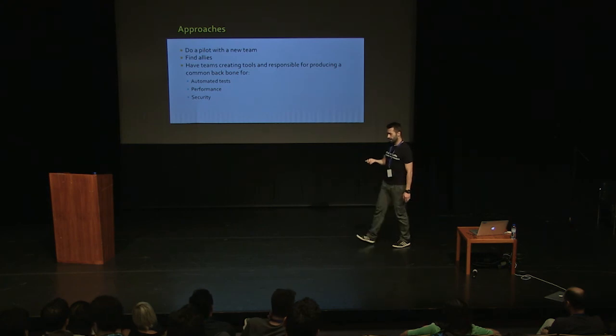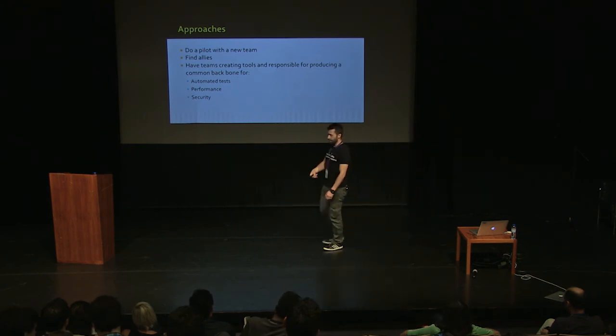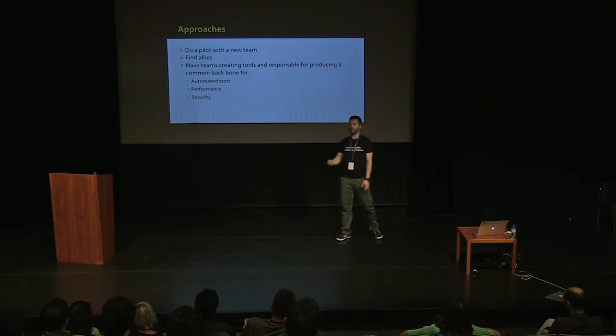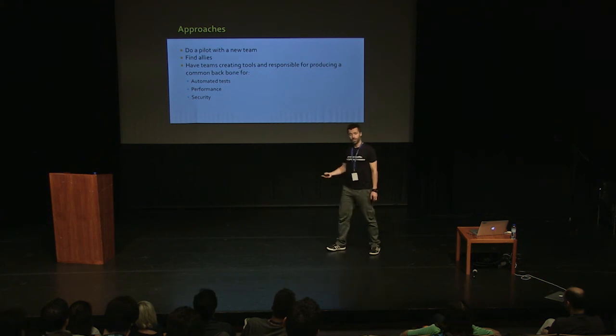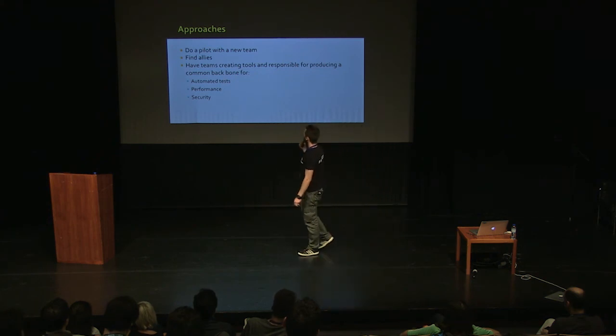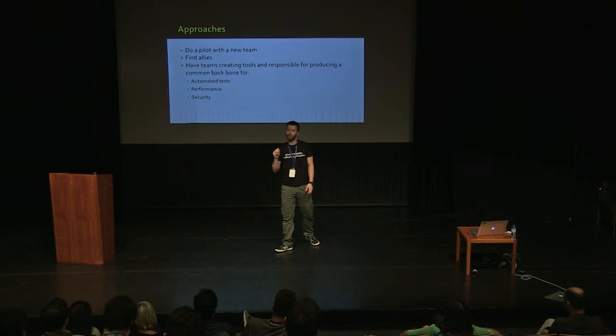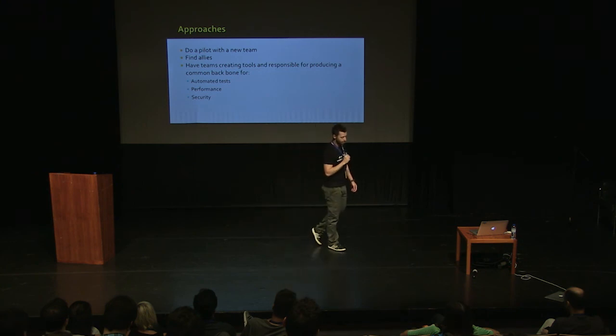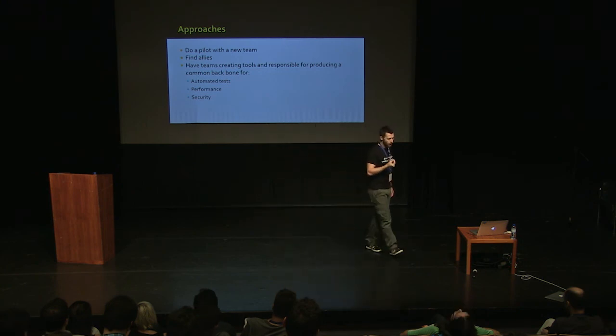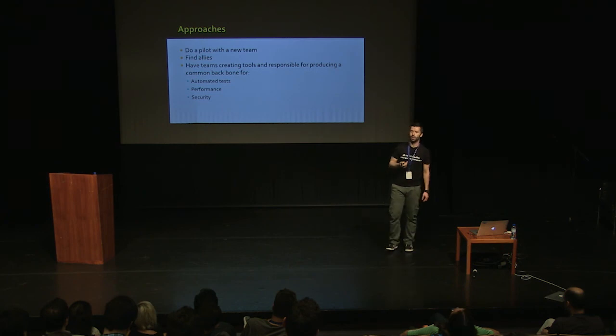Again, another strategy that we did, because Farfetch is not properly a startup, because we already suffered several enhancements on our process, is we created teams that are responsible for what we call the backbone, the structure.